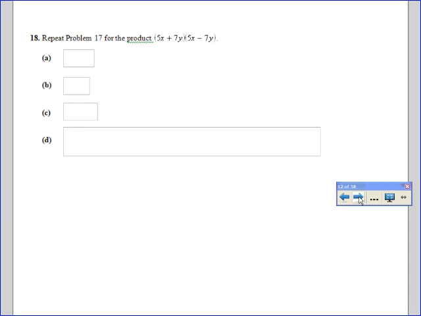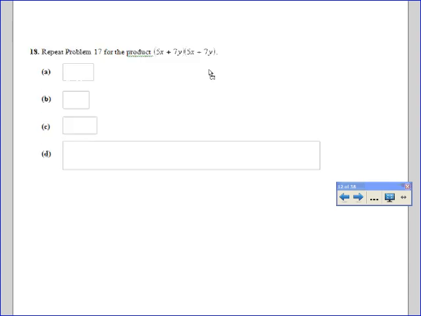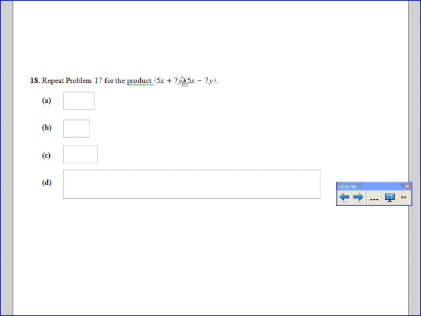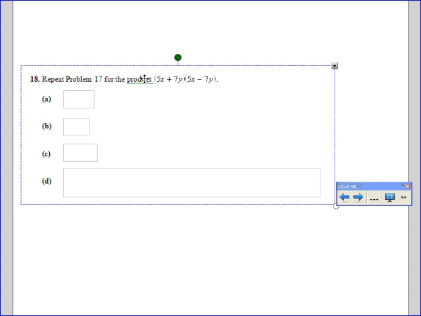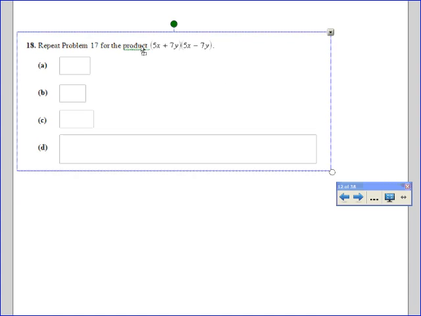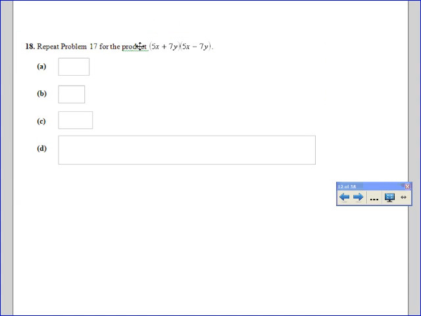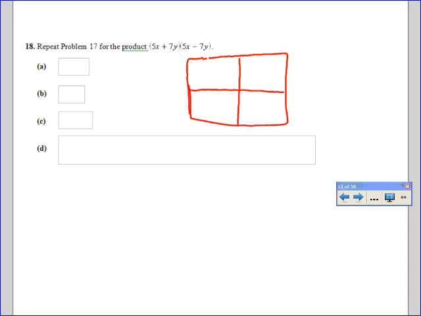For number 18, they would like us to do another shortcut that the book would like us to learn. But again, we really don't need to do it. Instead, we're going to use the box method. We have 5x and a positive 7y, and a 5x on the left-hand side with a minus.